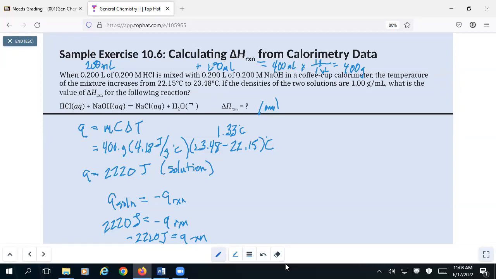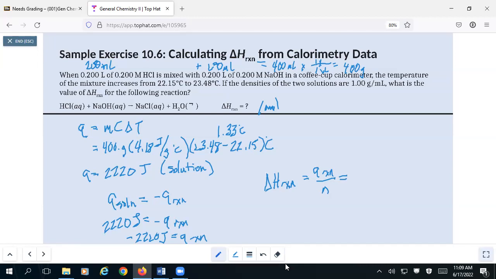So what we need to do to turn our heat of reaction into an enthalpy of reaction is we need to divide by the number of moles in the reaction.